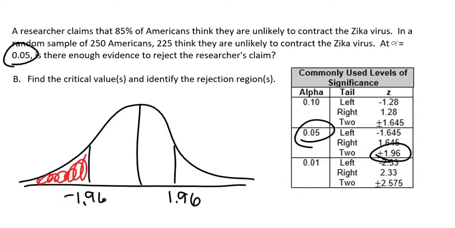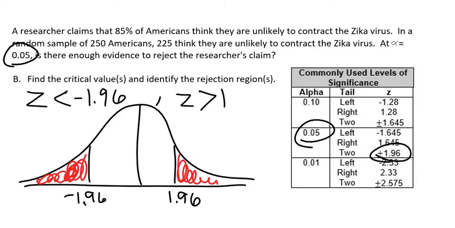This area under the curve to the left of negative 1.96 and to the right of positive 1.96 is going to be our rejection region. So to state our rejection region, we would say that our test statistic Z has to be less than negative 1.96, or Z has to be greater than positive 1.96.